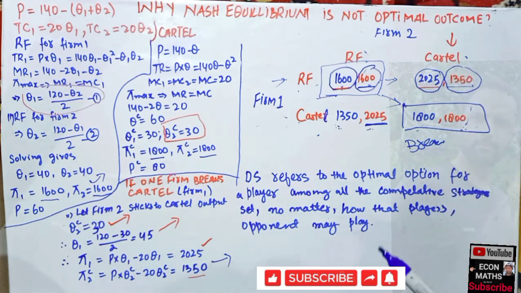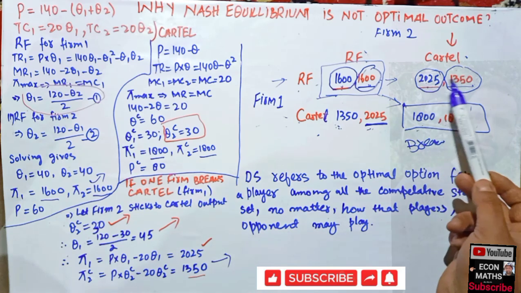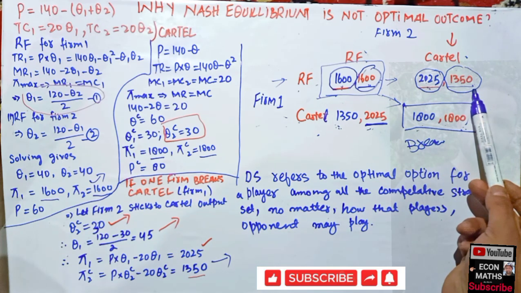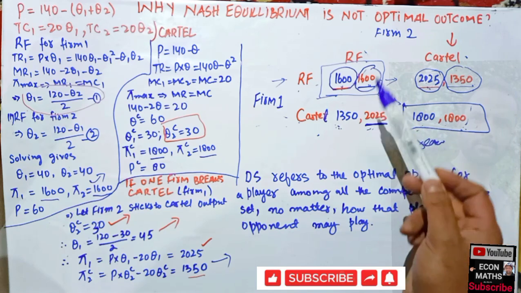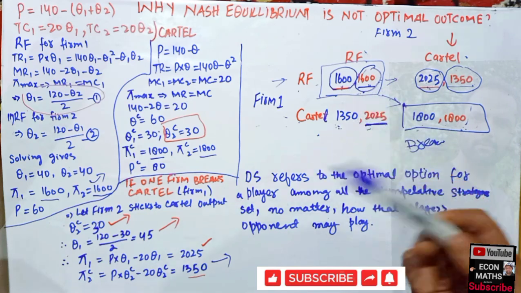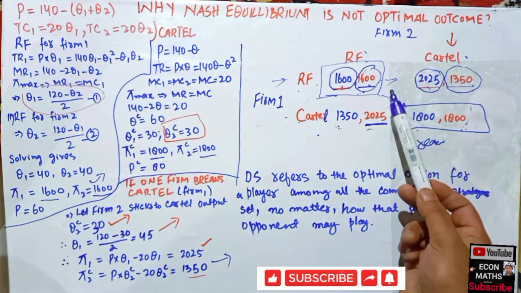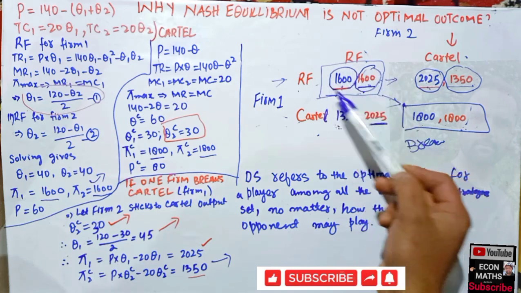So firm 1 is better off, firm 2 is worse off. So this cannot be a stable outcome, but this is the stable outcome. No firm has any incentive to change from this strategy.